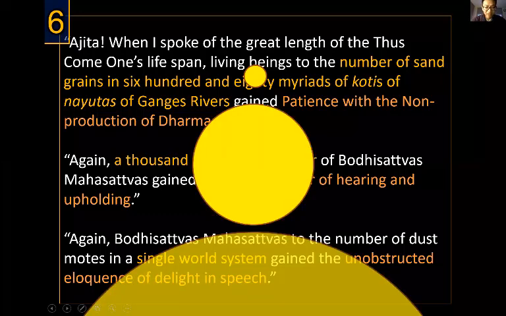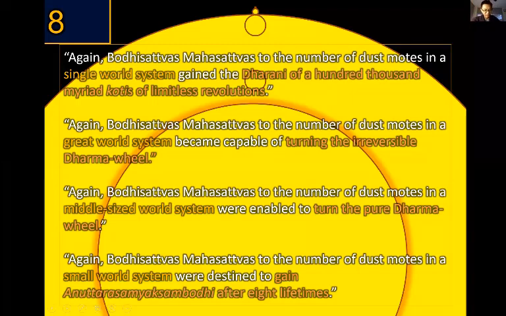Okay, so from the great world system of bodhisattvas gaining this turning of the irreversible Dharma wheel, there's this middle-sized world system of bodhisattvas that gain the ability to turn the pure Dharma wheel, and then the small world system that after 8 lifetimes will attain Anuttara Samyak Sambodhi.